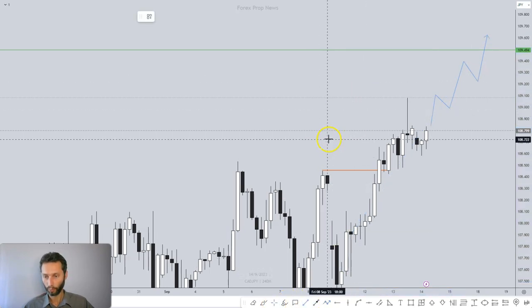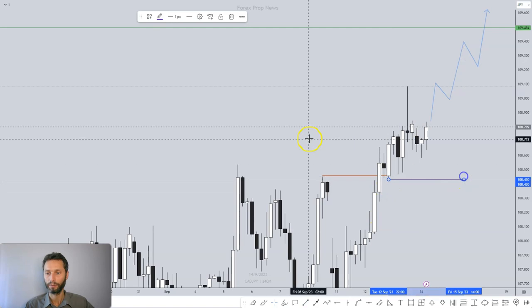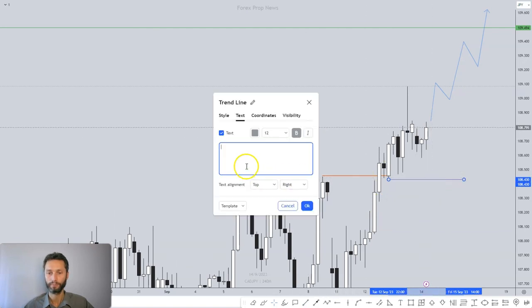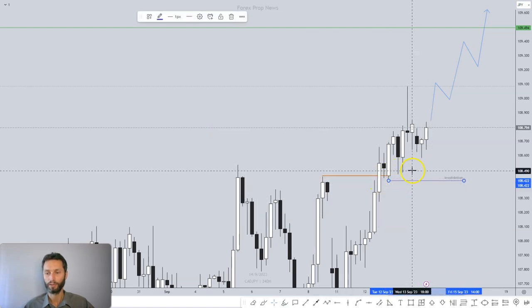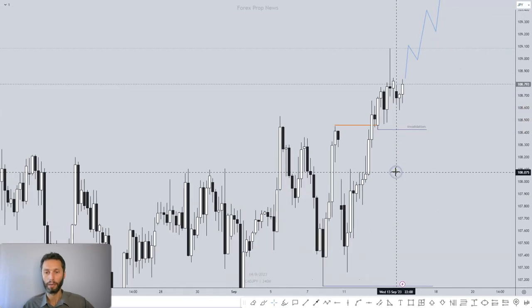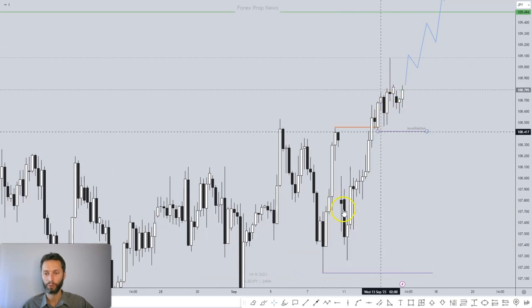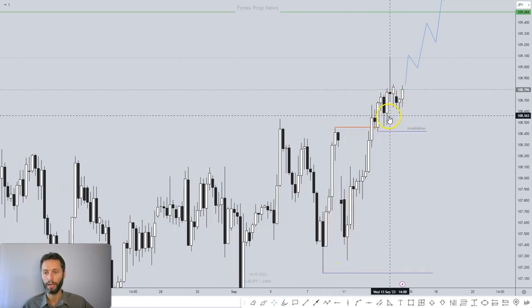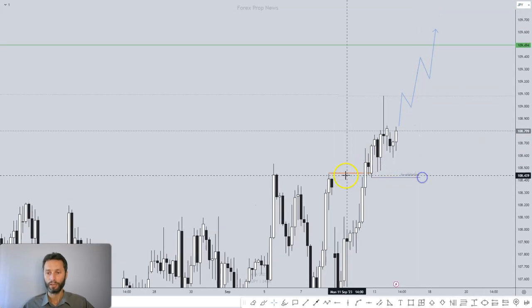The invalidation point from here would be the low, so if the market moves below this last low here, then we would not consider this as a buy scenario anymore. We have had a very significant push higher now from Monday, and now let's see if that continues as anticipated.